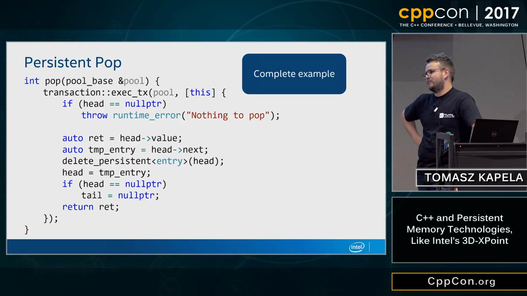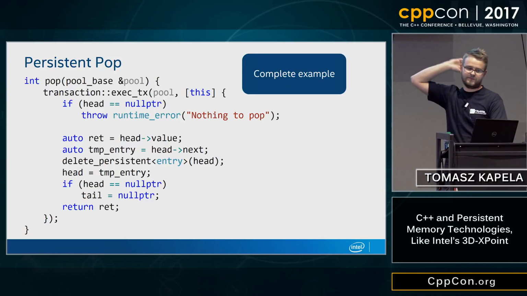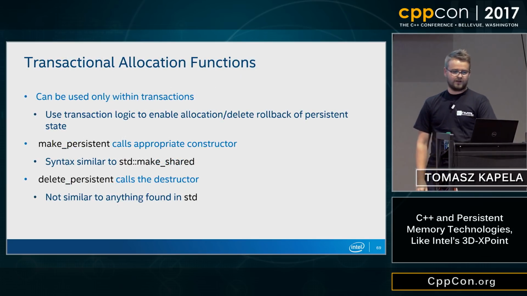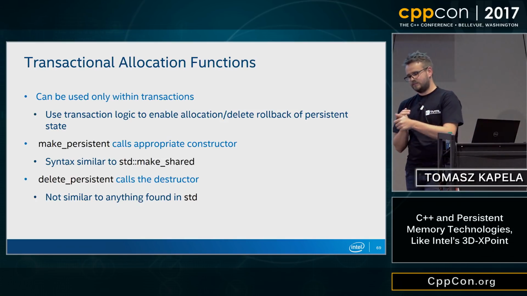And I think we can fix that, and I think we need to fix that at one point or the other. So it's now a persistent memory friendly implementation of the queue we had at the beginning. The allocation functions are transactional.